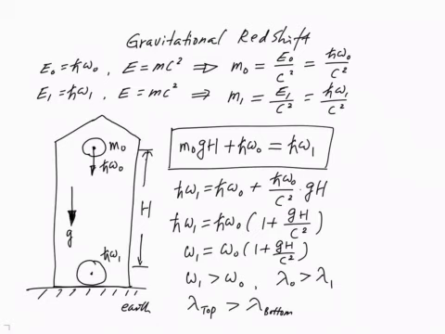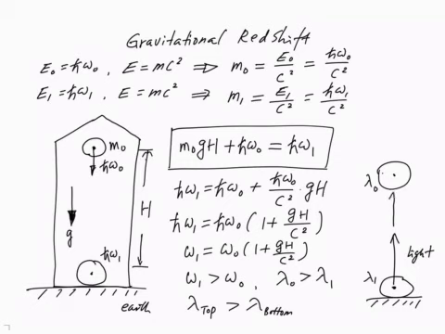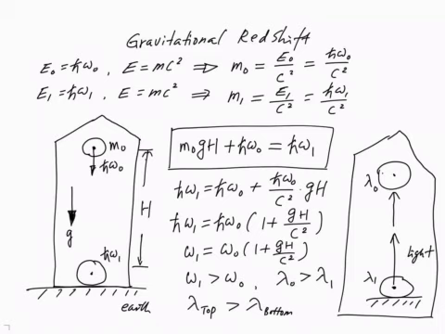So if we send a light from the bottom of the building and shoot it up, with wavelength lambda 1, when it is detected at the top of the building, you will see the wavelength is redshifted by the time the light reaches the top of the building.